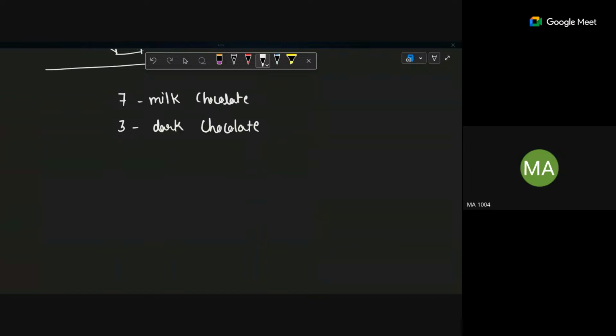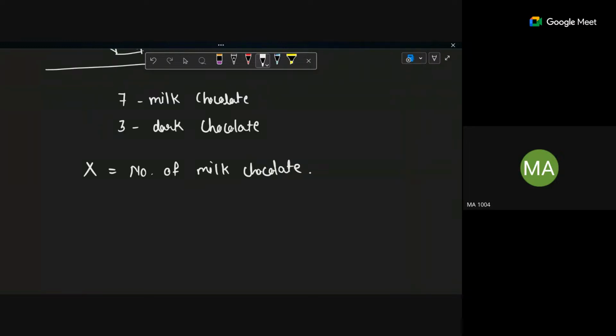The number of milk chocolates. If we are drawing 2 chocolates out of these 10, what possible numbers can the number of milk chocolates take? 0, 1, and 2.